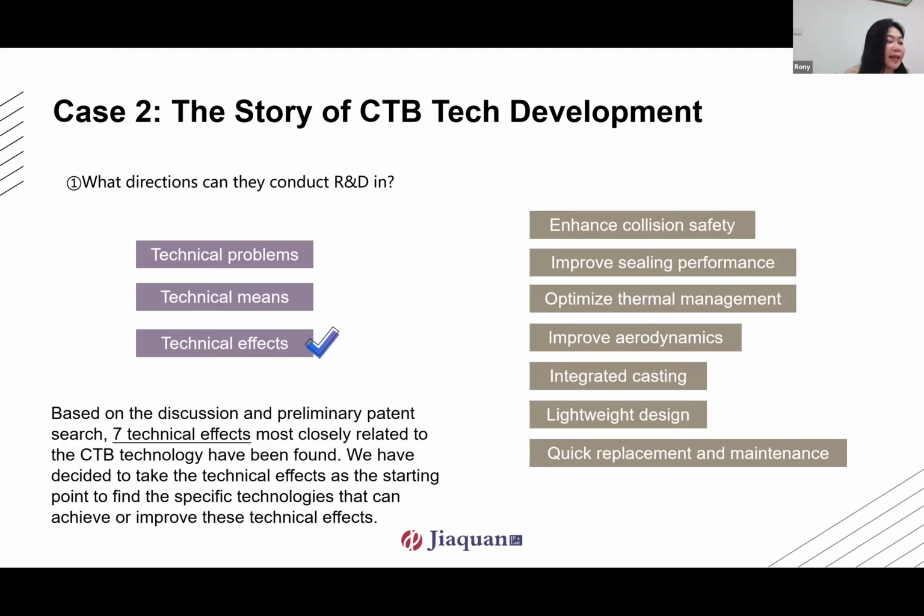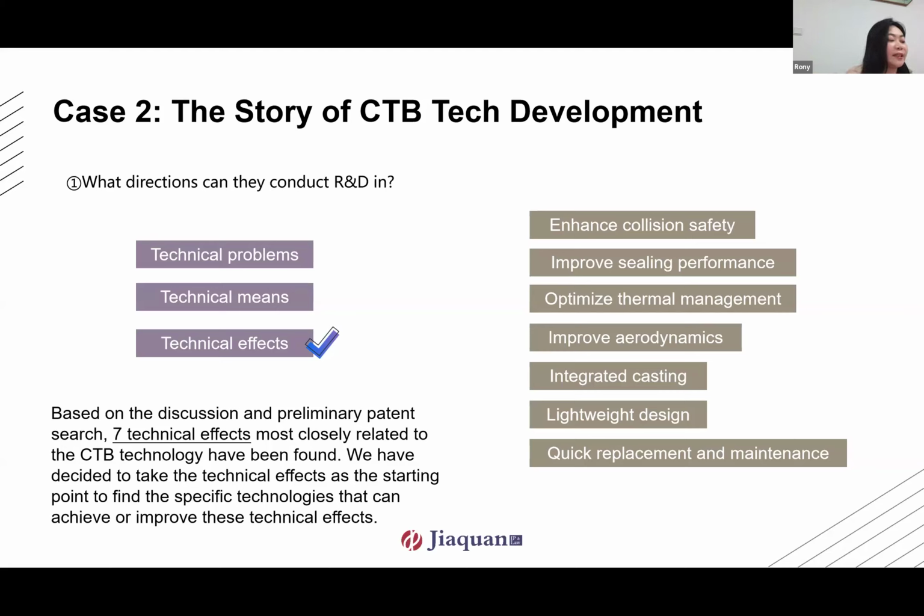So after we have obtained some relevant C2B patents, what we want to do is analyze the layout of these patents. Then we thought maybe we could place them on a timeline, so we can understand the evolving trend of these technologies in different technical directions or the R&D routes of different companies.